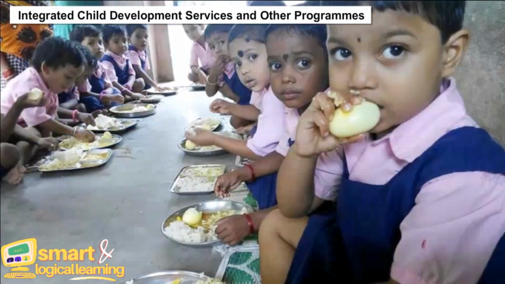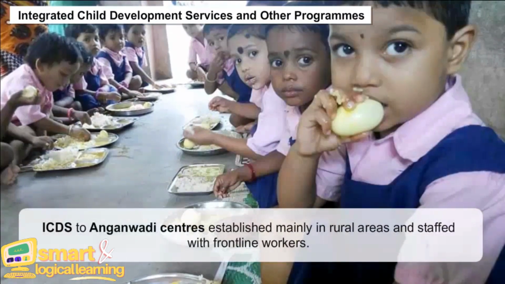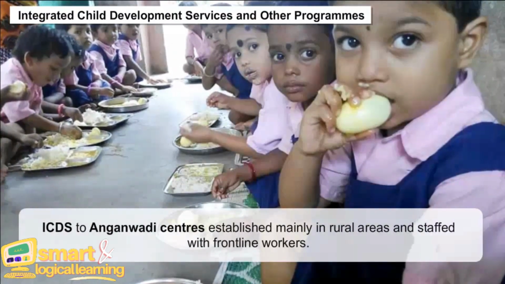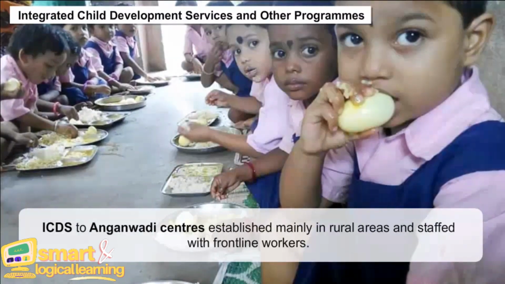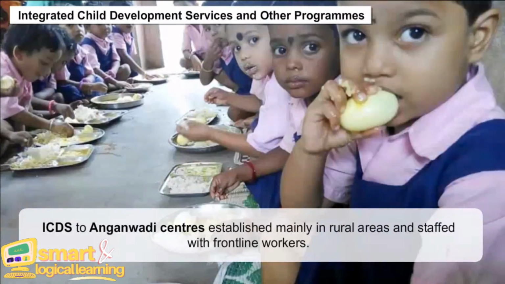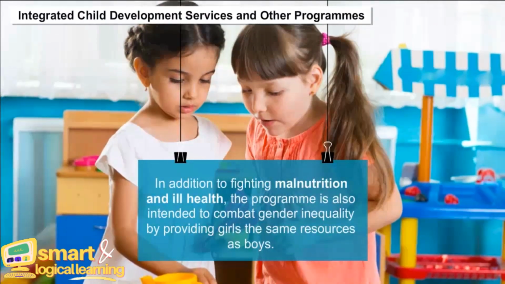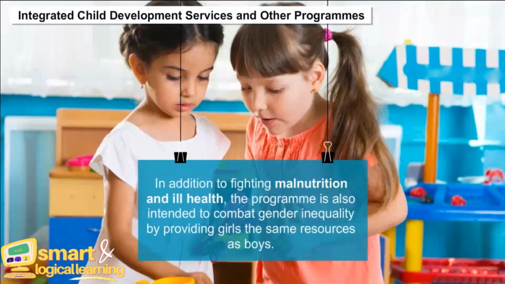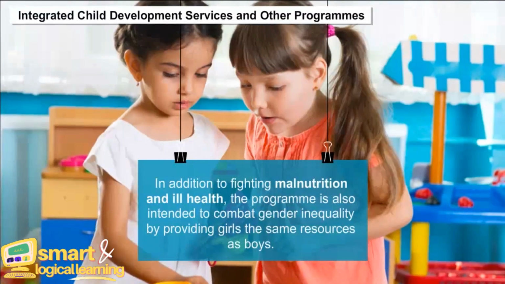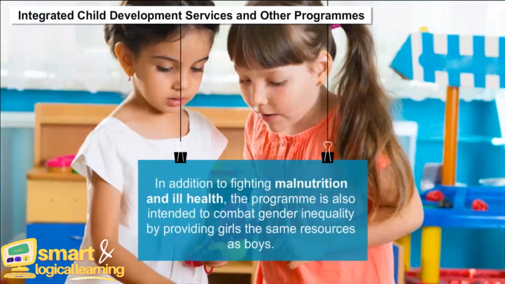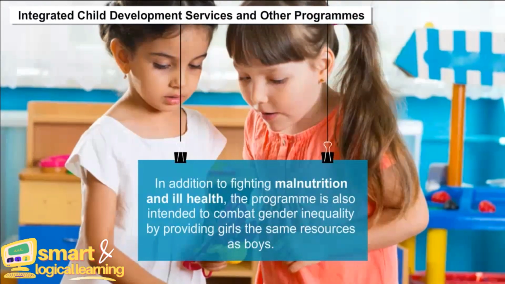The 10th Five-Year Plan also linked ICDS to Anganwadi centers, established mainly in rural areas and staffed with frontline workers. In addition to fighting malnutrition and ill health, the program is also intended to combat gender inequality by providing girls the same resources as boys.